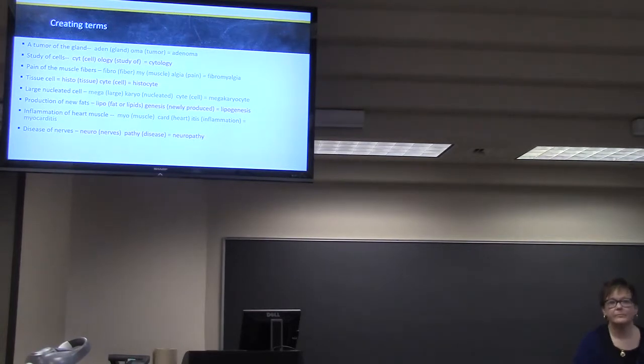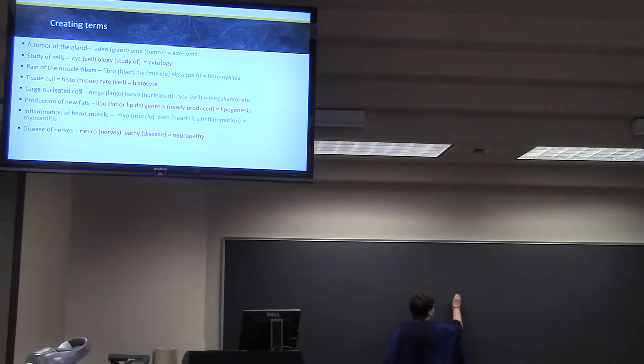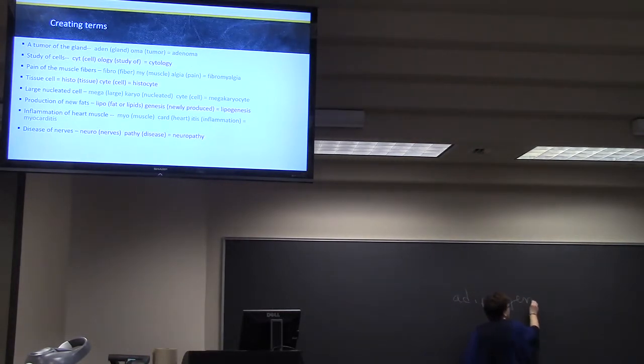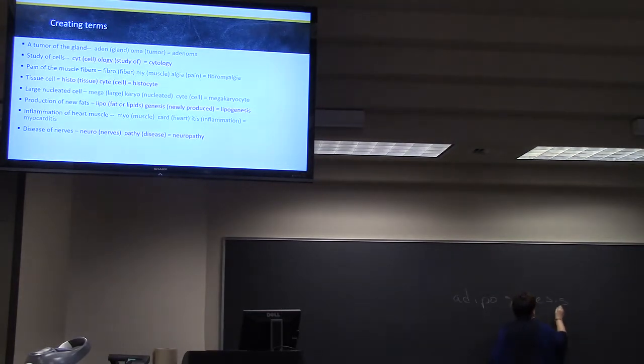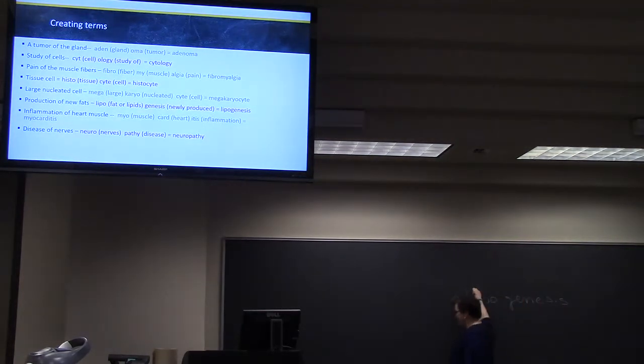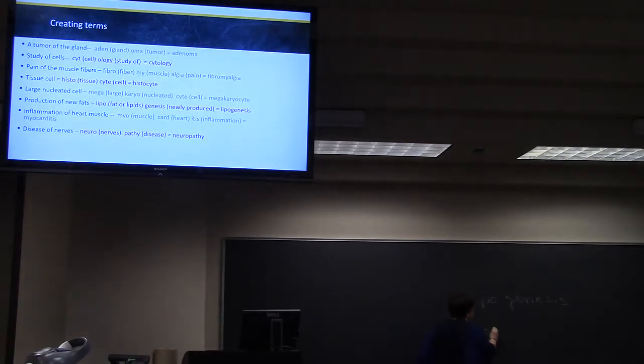Adipogenesis. Okay. So he used the root word for adipose tissue, which would mean the creation of new adipose tissue. In this case, lipogenesis is the creation of fats, not what the adipose tissue does.